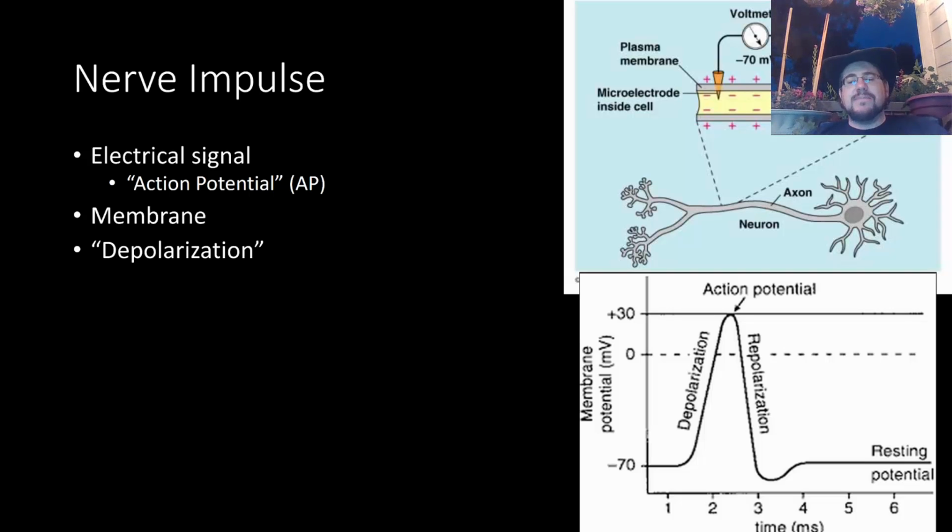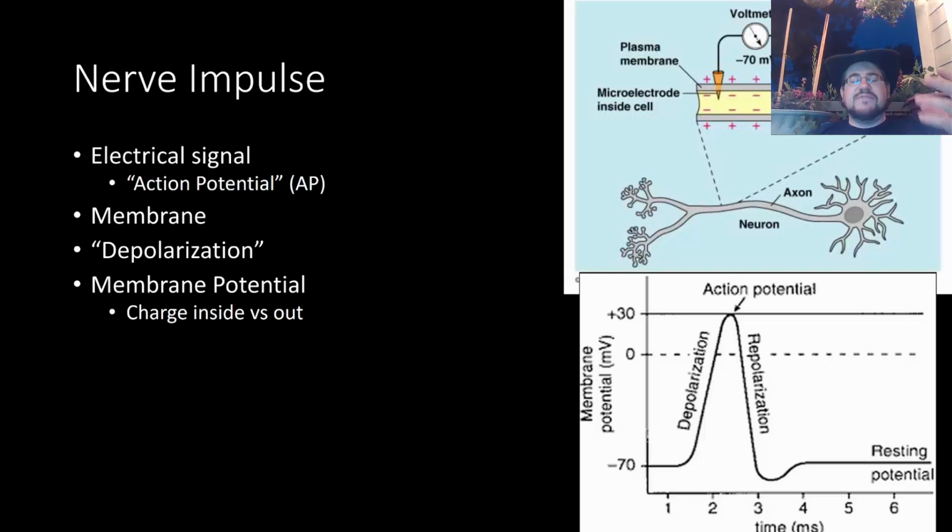And in order to fully define that, we have to talk about what's called the resting potential of a membrane. The resting potential of a membrane is the default charge on the inside of the membrane versus the outside of the cell. The resting potential is the inside of the membrane being more negative than the outside. So the charge inside is normally lower than the charge outside.